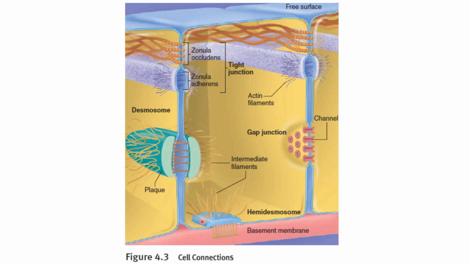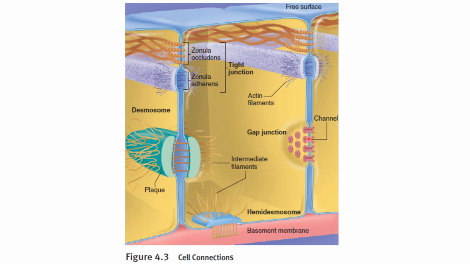These proteins are contributed only by the cell to attach the cell to the non-living surface, the basement membrane. This junction is called hemi, meaning half desmosome, because the fibers are contributed only by the cell, not by the dead material. If it is contributed by both cells, it is called a desmosome. When it is with the surface, it is contributed only by the cell, so it is called a half desmosome, hemidesmosome.